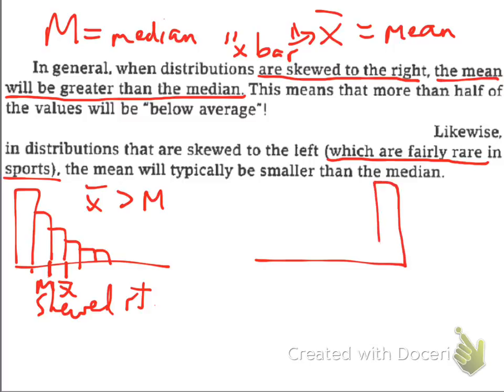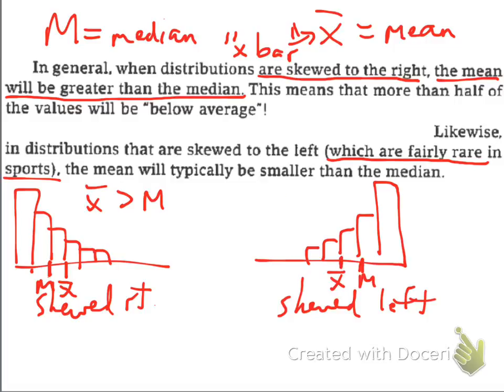Skewed left, okay, this is a skewed left. Your median will probably be somewhere up there, and your mean will be here. So in this case, X bar, the mean, is less than the median.